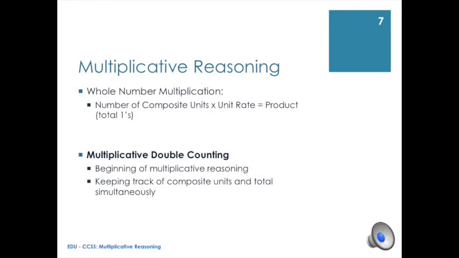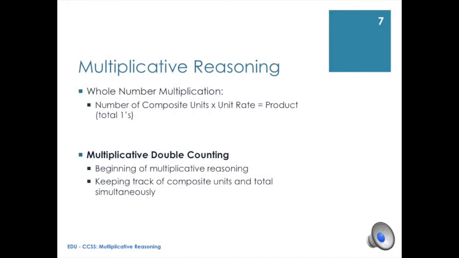If you think about whole number multiplication, you can conceive of it in its simplest form as a number of composite units, and we'll talk about what composite units are, but they're like a number of groups, I guess you could say, and then the unit rate is how big those groups are.